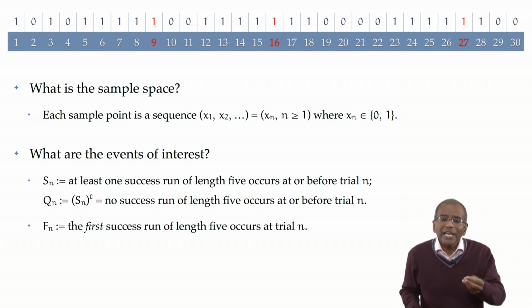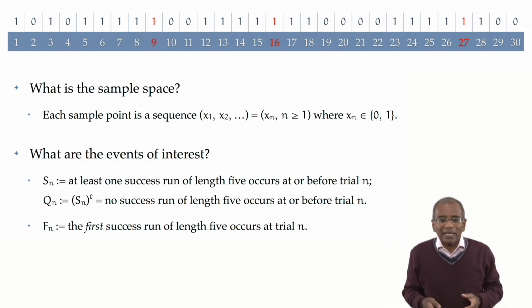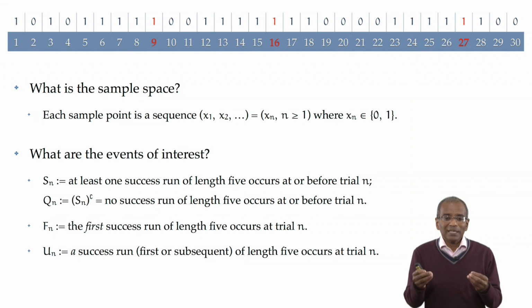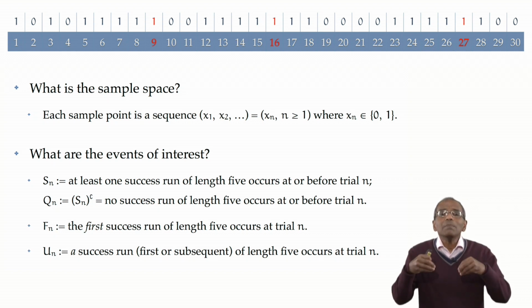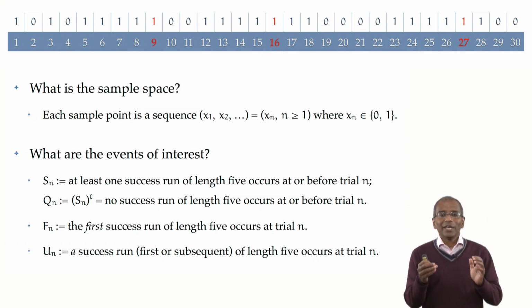Let's promptly introduce a little more notation to capture this richer possibility. Let u sub n represent the event that there is some success run, the first or subsequent, which occurs at trial n.